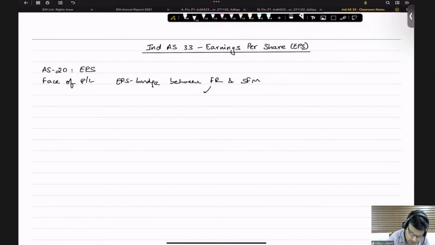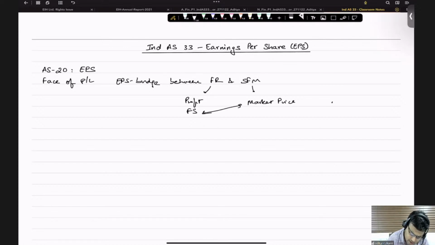When I talk about this, what does it mean? Financial reporting means determination of profit, and SFM talks about market price. So essentially, this is a bridge between my financial statements and my market price.